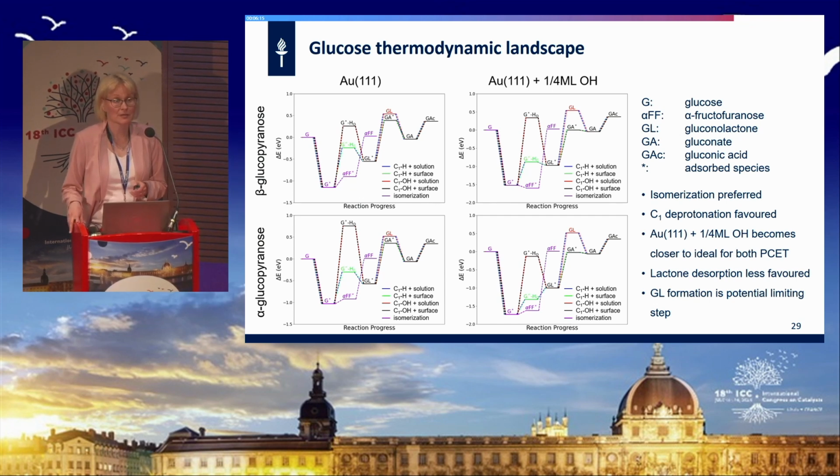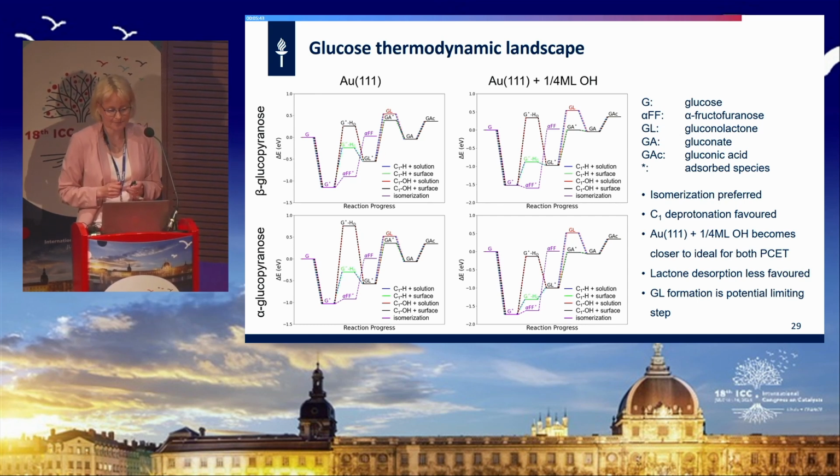Here is the thermodynamic potential energy landscape, now calculated at the level of the grand canonical ensemble DFT. I won't go into all the details, but on the left you have the bare surface, on the right you have the surface with the OH groups, and then you have 2 different tautomers. First of all, we see that the isomerization to fructose is preferred. However, this is a chemical step, so it does not depend on the potential, unlike the sugar oxidation.